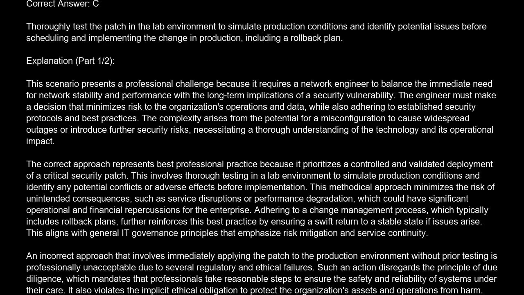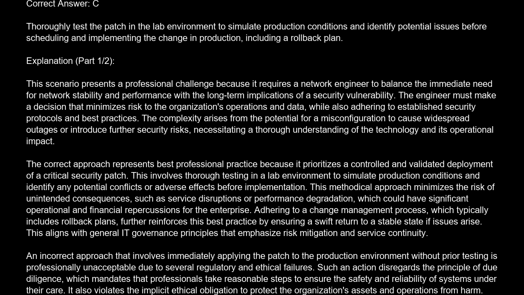The correct approach represents best professional practice because it prioritizes a controlled and validated deployment of a critical security patch. This involves thorough testing in a lab environment to simulate production conditions and identify any potential conflicts or adverse effects before implementation.